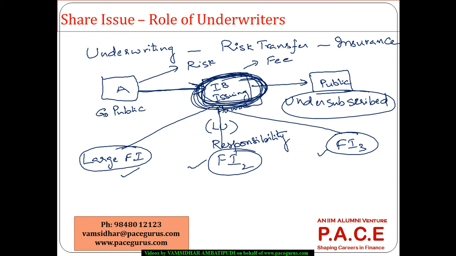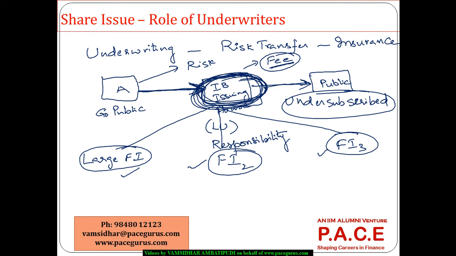right? And in some cases, it's an explicit fee, and in some cases, it is purely the price at which the issuing house is buying the shares from the company and the price at which it is selling them to the public.